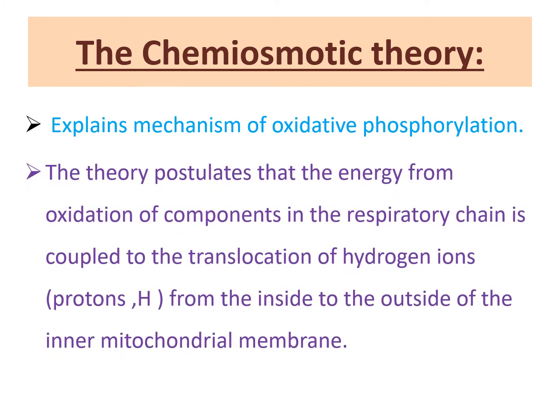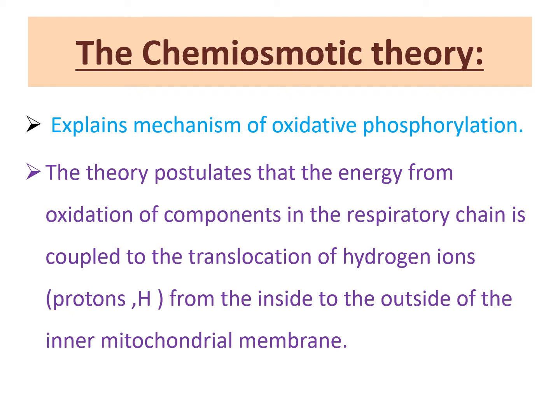This theory postulates that the energy from the oxidation of components in the respiratory chain is coupled to the translocation of hydrogen ions, the protons, from the inside to the outside of the inner mitochondrial membrane. Through the oxidation of the components of the respiratory chain, energy is released. This energy is utilized to pump the protons out from the matrix to the intermembrane space.